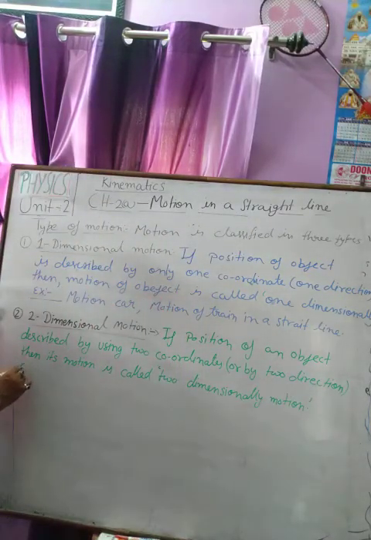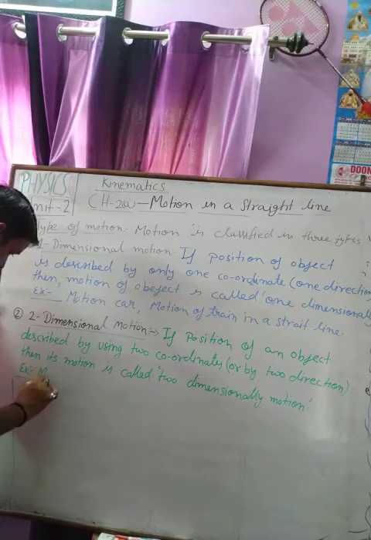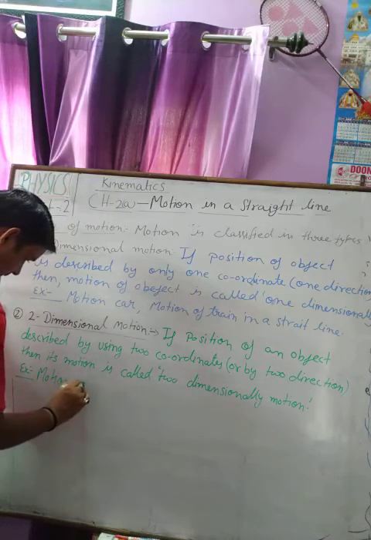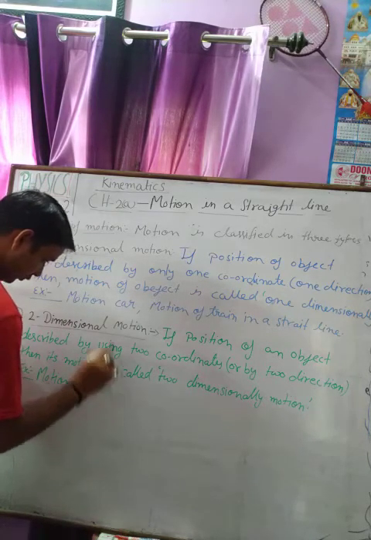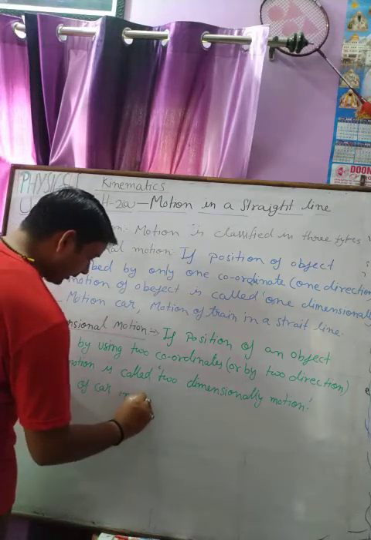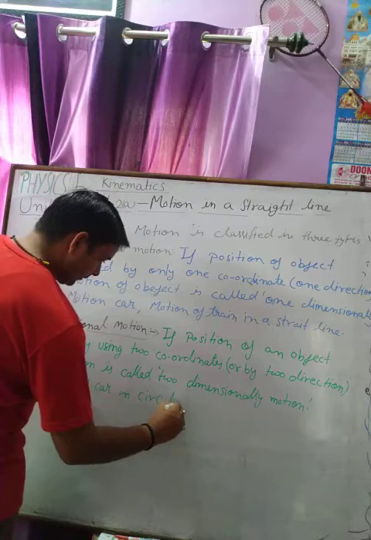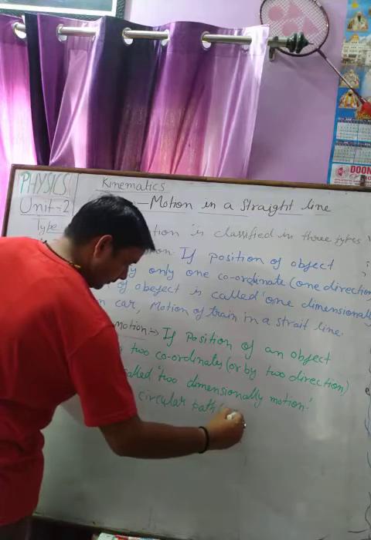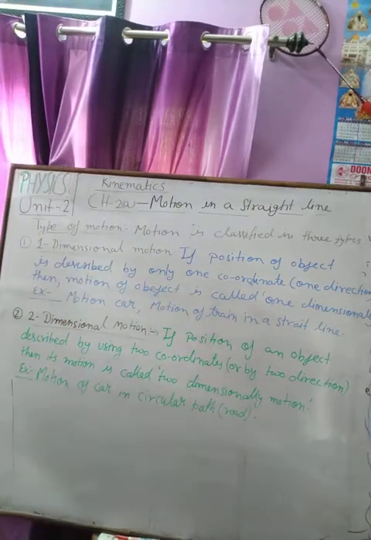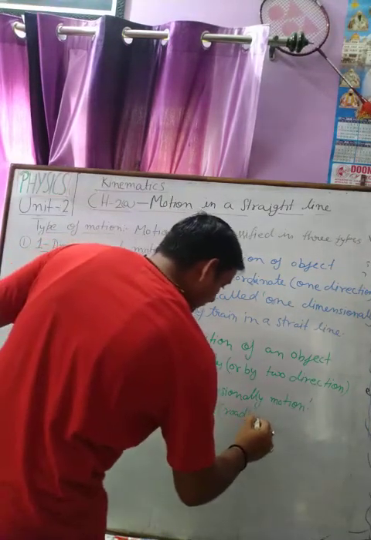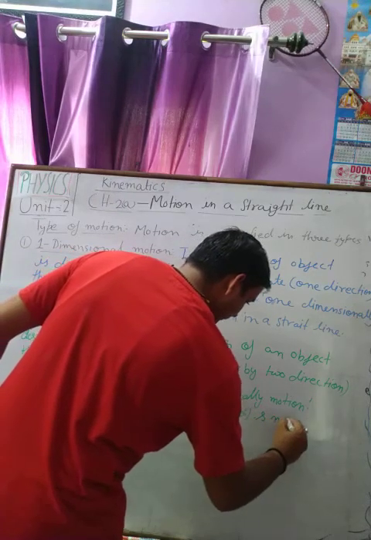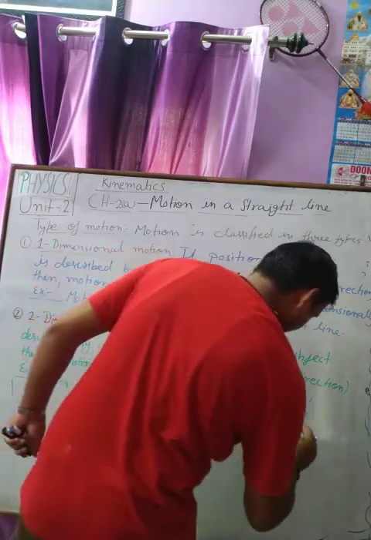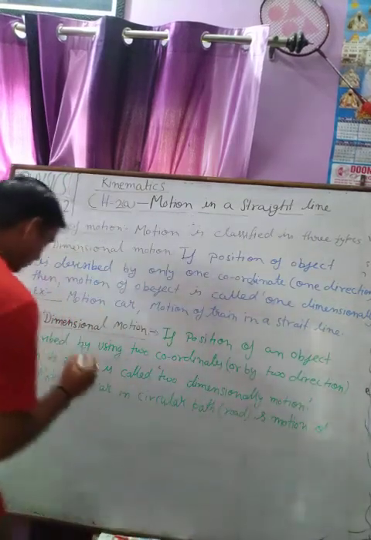For example, the motion of a car in a circular path and the motion of a billiard ball.